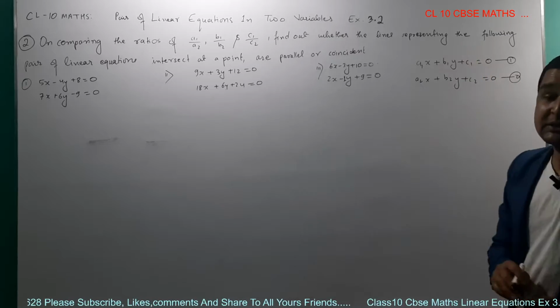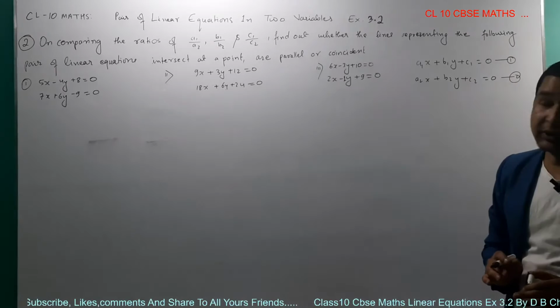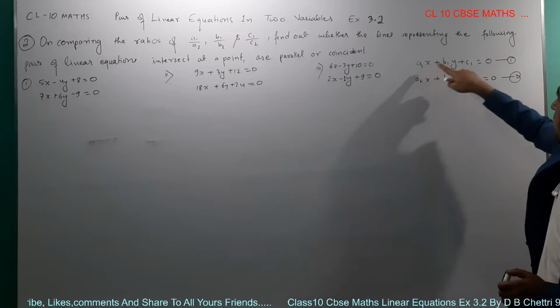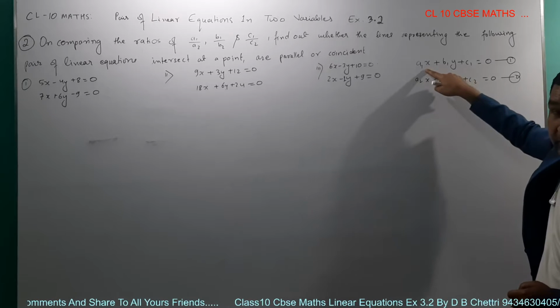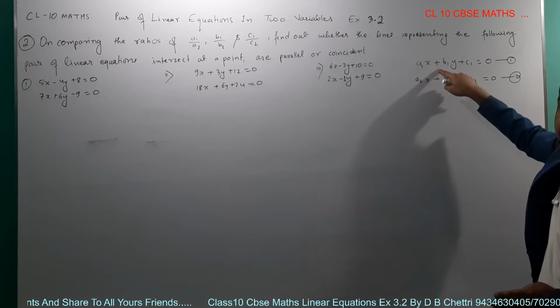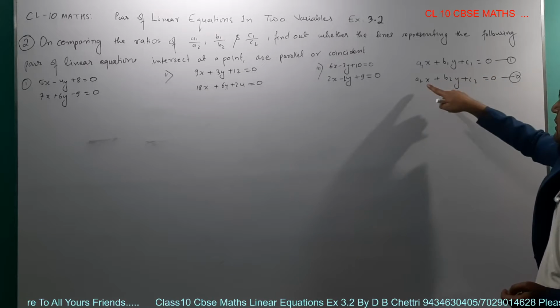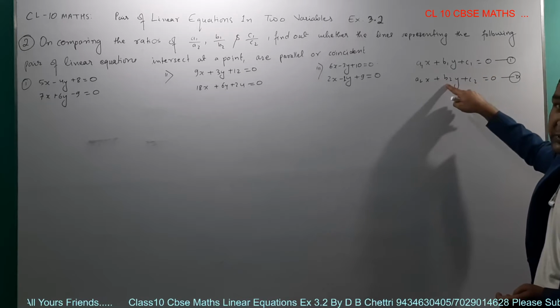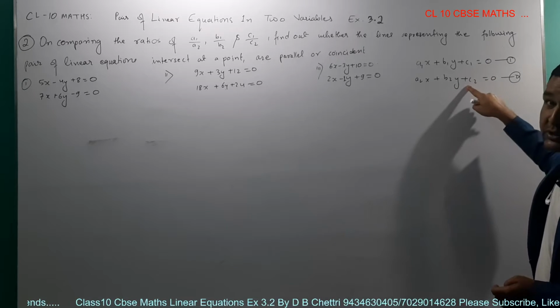This is the standard form of linear equation in two variables. Here a1, b1 are the coefficients of x and y, and c1 is a constant. Similarly, a2, b2 are the coefficients of x and y from equation 2, and c2 is a constant.